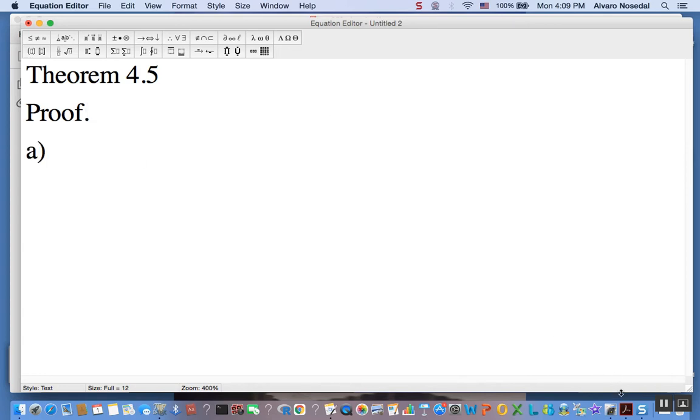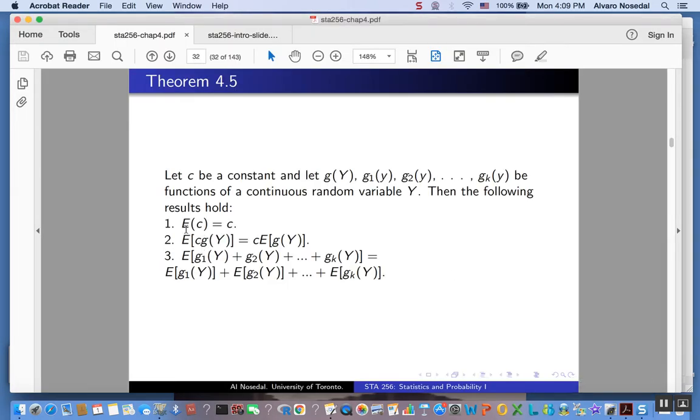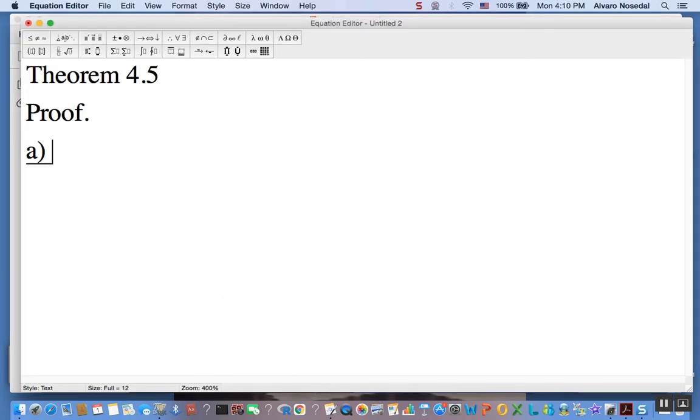Let me go back. What we want to show is that the expected value of a constant is the constant itself. So we want to show that the expected value of c, a constant, equals c.